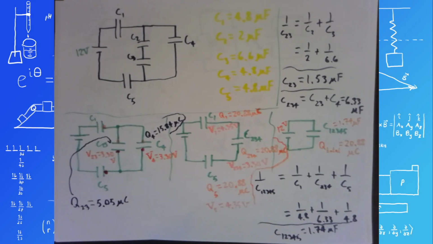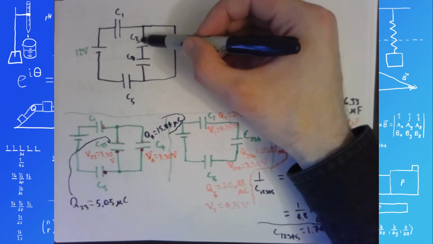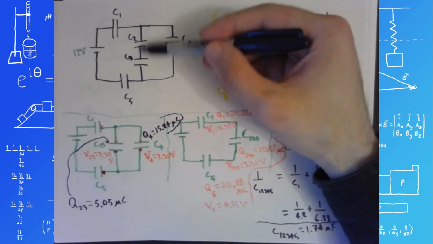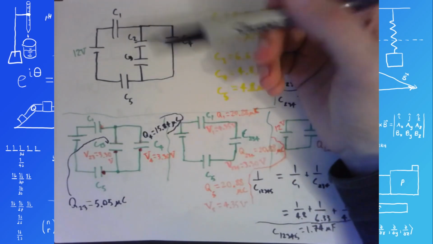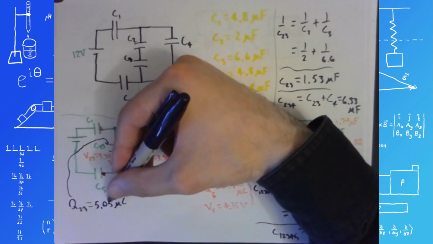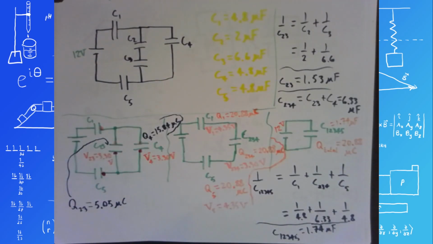And finally, we unpack capacitor 2.3 into the original C2 and C3 that it was before we combined them. And let's see, capacitors in series share total charge with their equivalent capacitor. So Q2, I should say, and Q3 must each be 5.05.